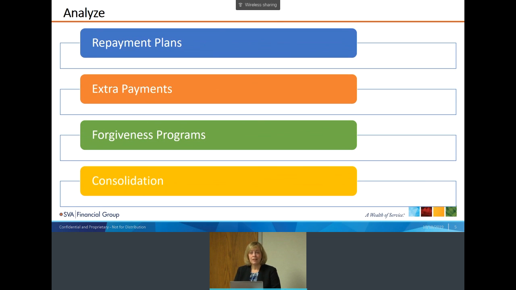Forgiveness programs. There is the opportunity of working at a nonprofit organization to be able to apply for loan forgiveness. The key thing here is to keep up to date on the requirements for these programs. The current program requires an annual reporting of the qualification or eligibility of that year's work for this program.